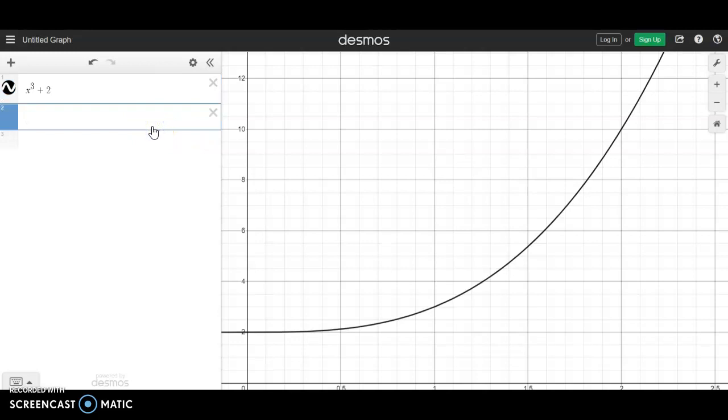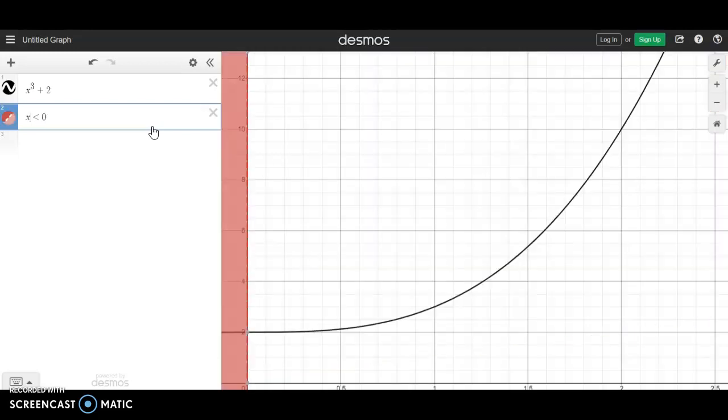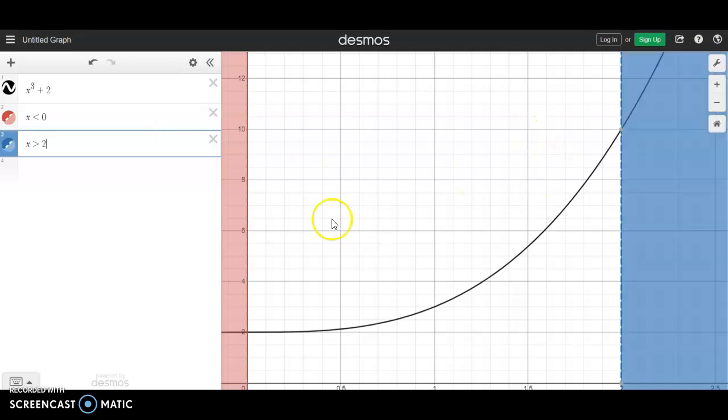Our interval we're working with is x greater than 0, so we're going to flip everything. This empty space is the little area we're going to be working with.